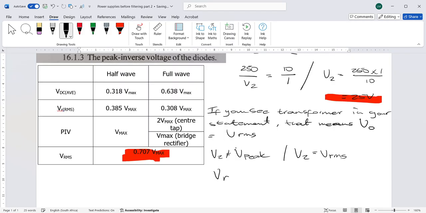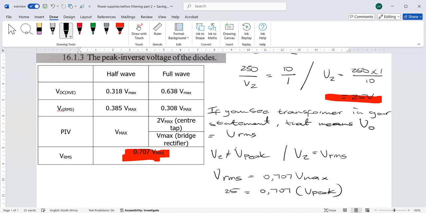V RMS equals 0.707 of what? Vmax. So in this case, VRMS, which is 25, is equal to 0.707 times V peak or Vmax.